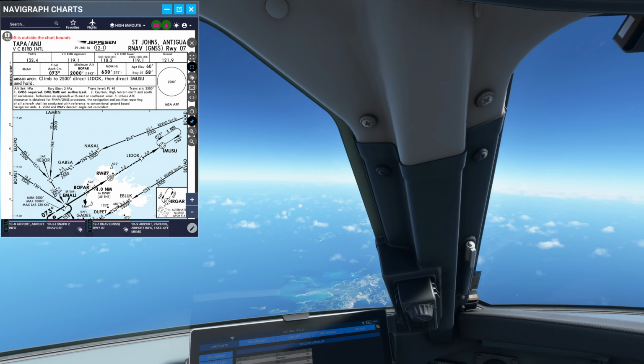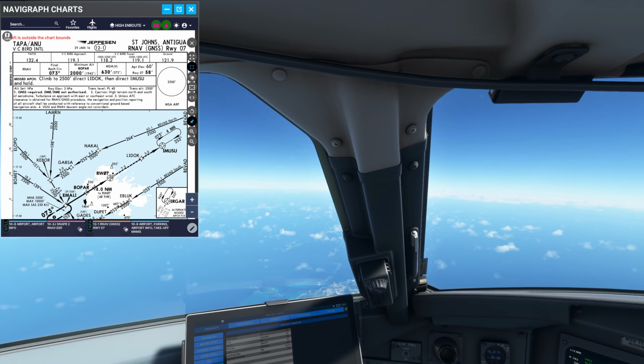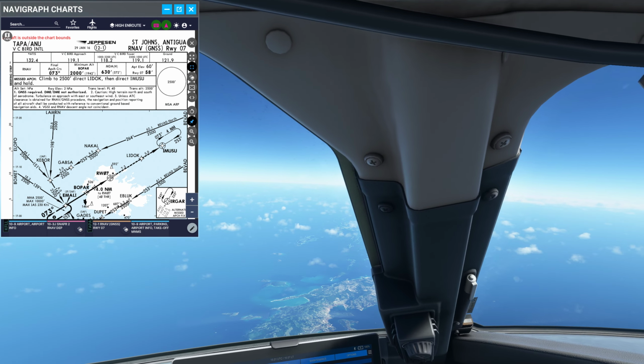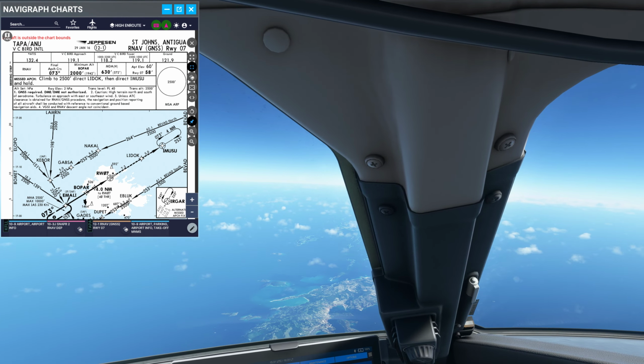What they mean by that is any sort of clouds, fog, mist. You are likely to have some sort of impairment to your visibility. So one thing to be aware of.